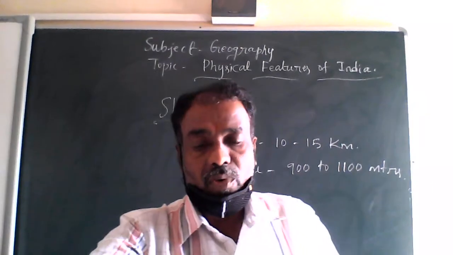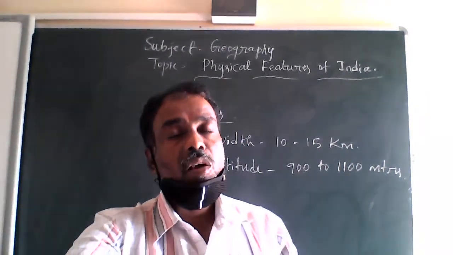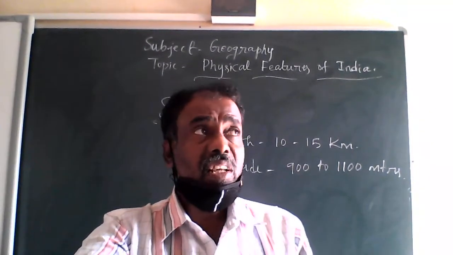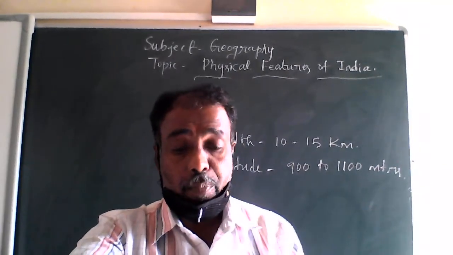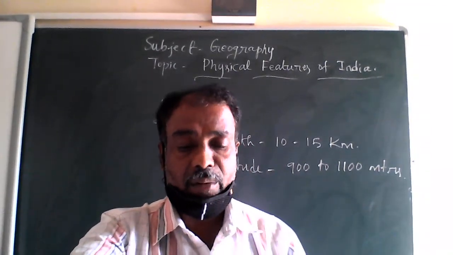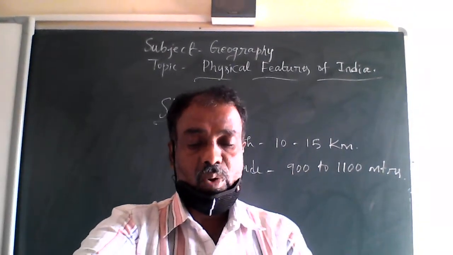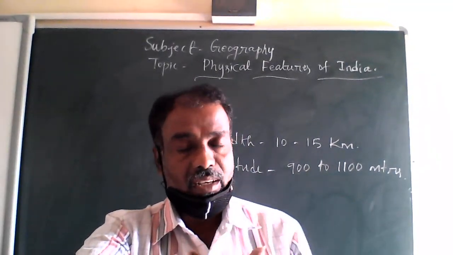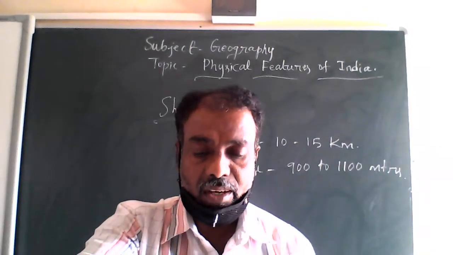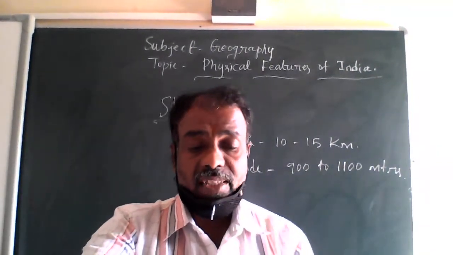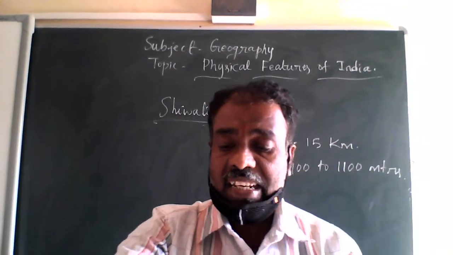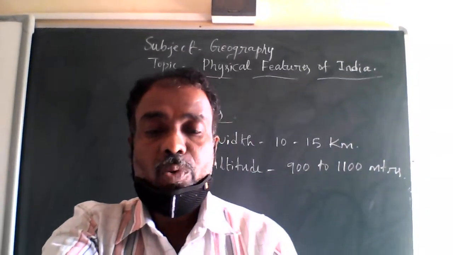These Shivalik ranges are composed of unconsolidated sediments brought down by rivers from the main Himalayan ranges located further north. These valleys are covered with thick gravel and alluvium.